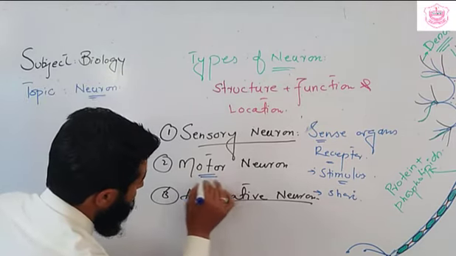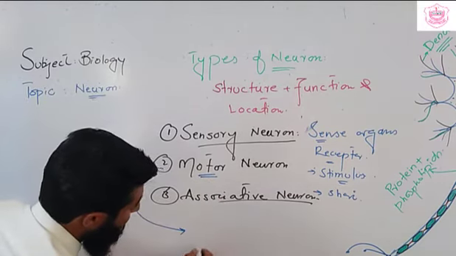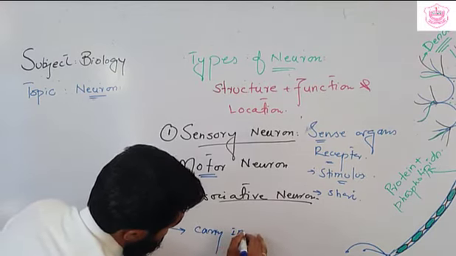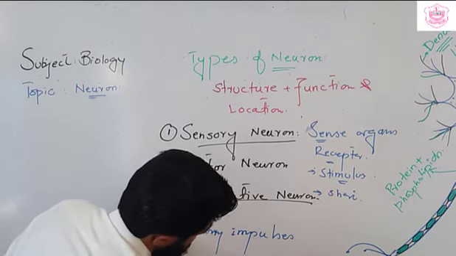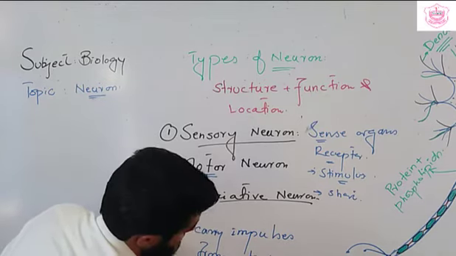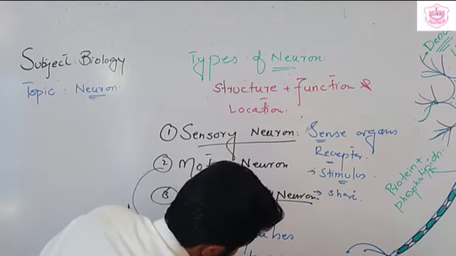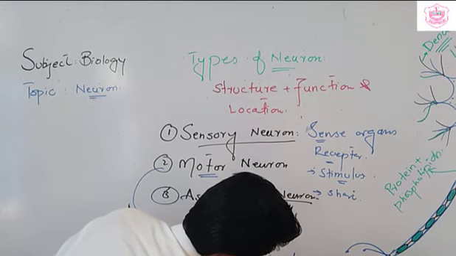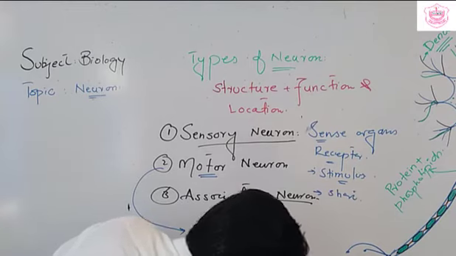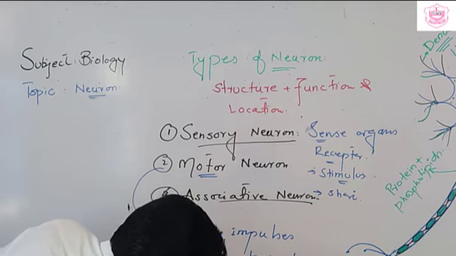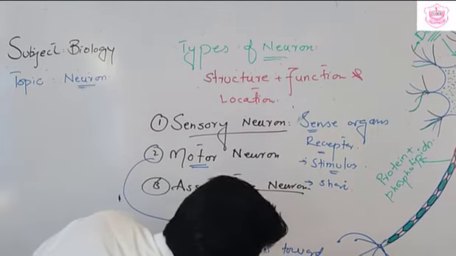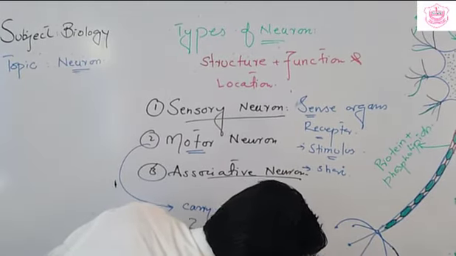Okay, the motor neuron carries impulses from the brain or nervous system toward the site of reaction, meaning toward the muscles to move, or toward the glands to secrete.